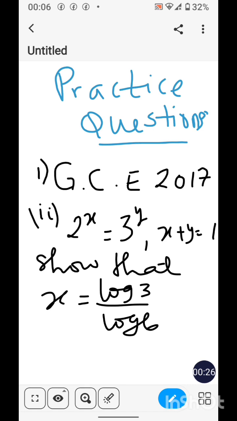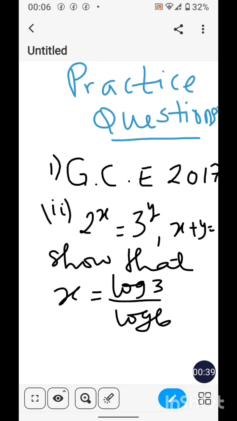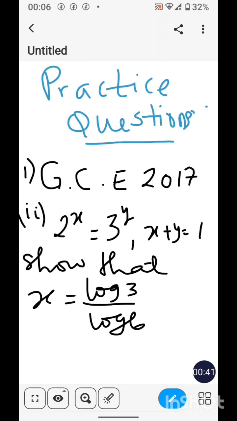The question is thus: if 2 raised to the power x equals 3 raised to the power y, and x plus y equals 1, show that x is log 3 divided by log 6. We are going to see the solution, how to approach questions of this nature.